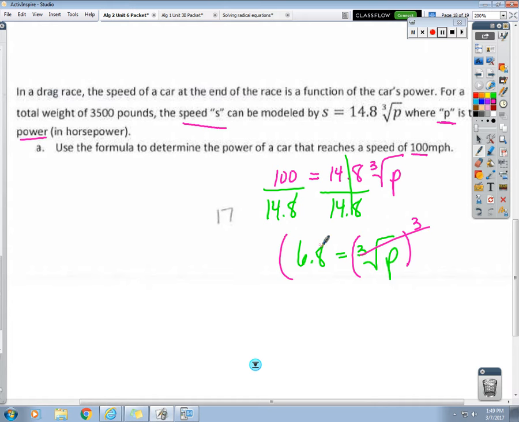And then you would cube 6.8. And what is 6.8 cubed? 314.4. Well, we're rounding to the tenths every time. 314.4, and that's horsepower. Okay, turn to the next page.